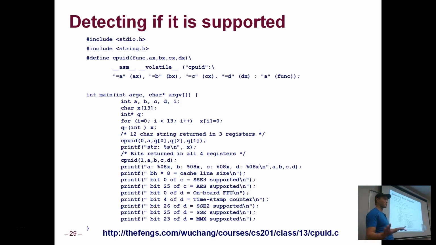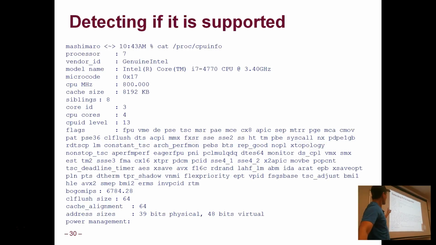Since you all know bit operations and embedded assembly, this program is knowable for you, and that's actually the source code down there. And on Linux, you can do cat /proc/cpuinfo, and the proc file system will parse the CPUID bits for you and tell you that, yes, this has AVX, it has AVX2, it has SSE4, SSE3, etc.